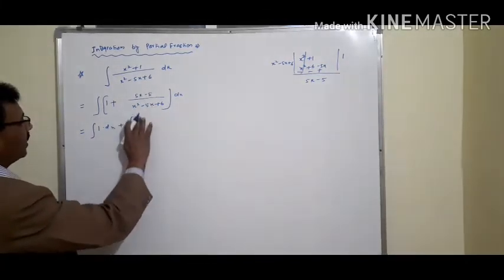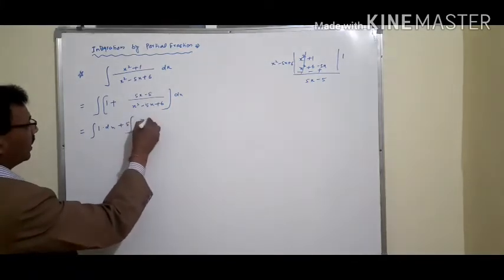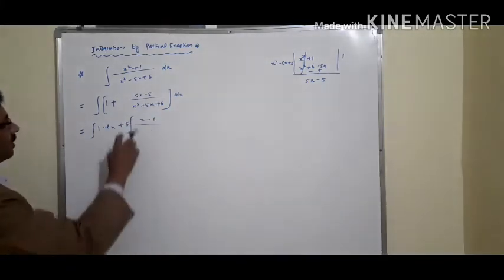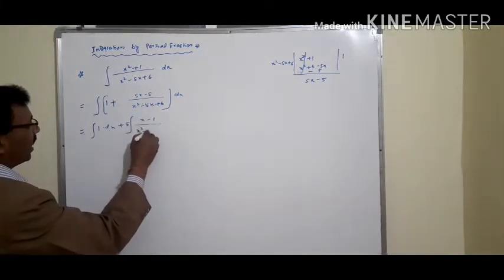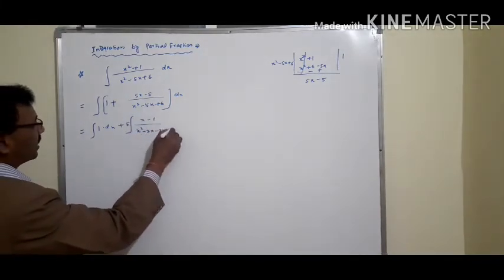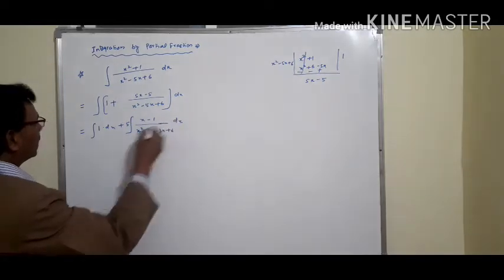In the bracket we remain with (x minus 1) whole upon the factorized denominator. Factors of this will be x square minus 2x minus 3x plus 6 into dx.